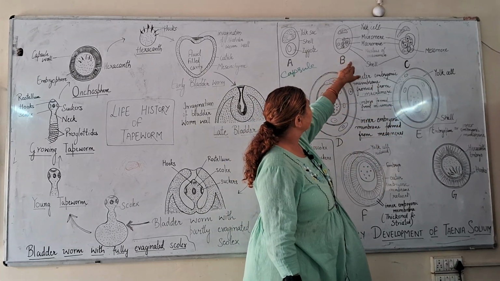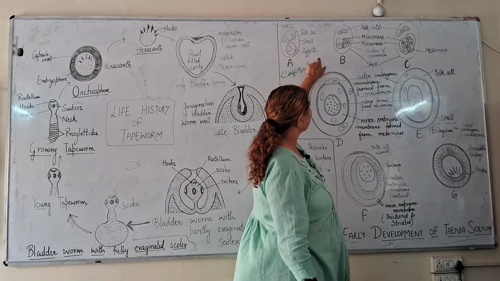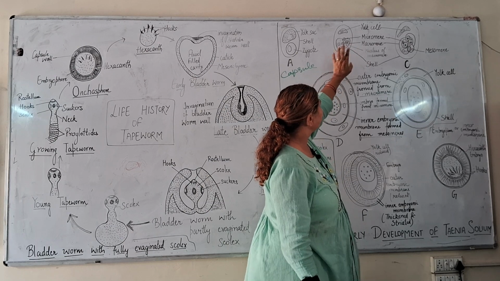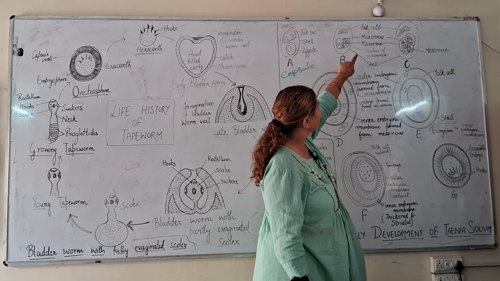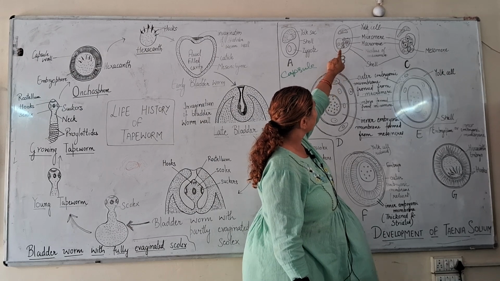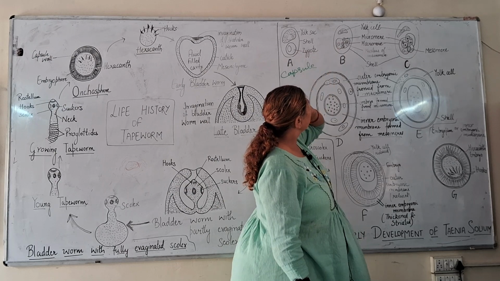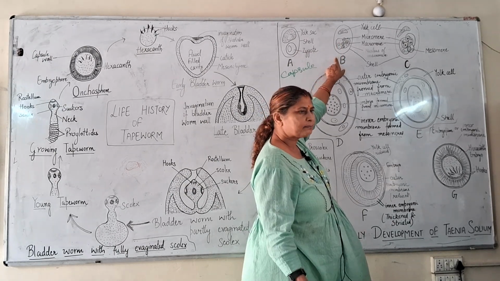After that, division of the zygote takes place. There form micromeres and macromeres. The two types of cells, the smaller ones are called micromeres and the larger ones are called macromeres. And the yolk sac provides the nourishment.